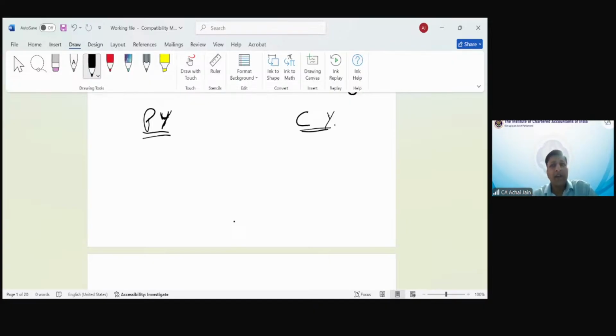So if the management will decide it, they will pay it. If the management will not decide, they will not pay. What will be the formula for calculating that amount? It was not clear. And in fact, this was the policy of the company. So you can say a retirement benefit was there.